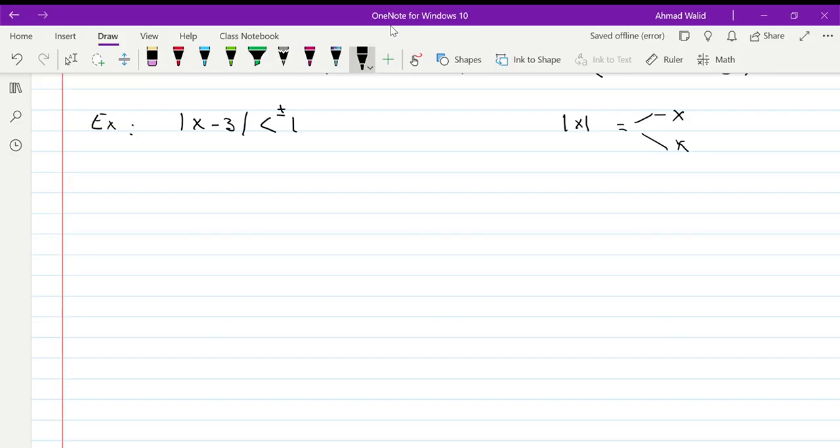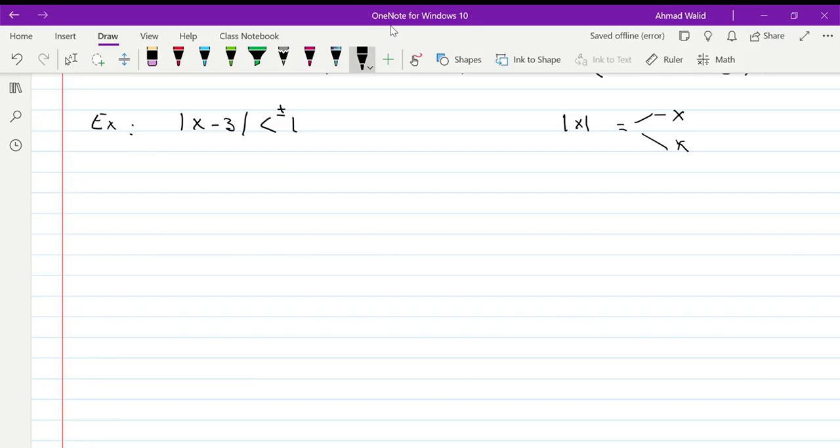Now, there are two methods of solving absolute value inequalities. Method 1, you write two separate inequalities, solve them separately, graph them at the end, and write your final answer like this. Be careful, I'm explaining something here, watch it.